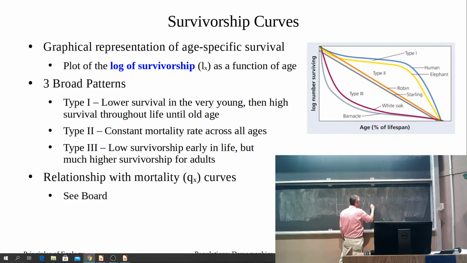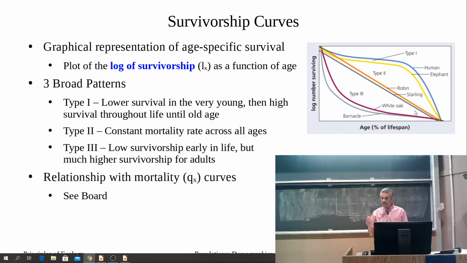Our type 2 is just a flat line. And if we have a flat line, constant mortality rates, then we get this steadily decreasing survivorship curve. The chance of dying is the same this year as it is next year, and so forth.